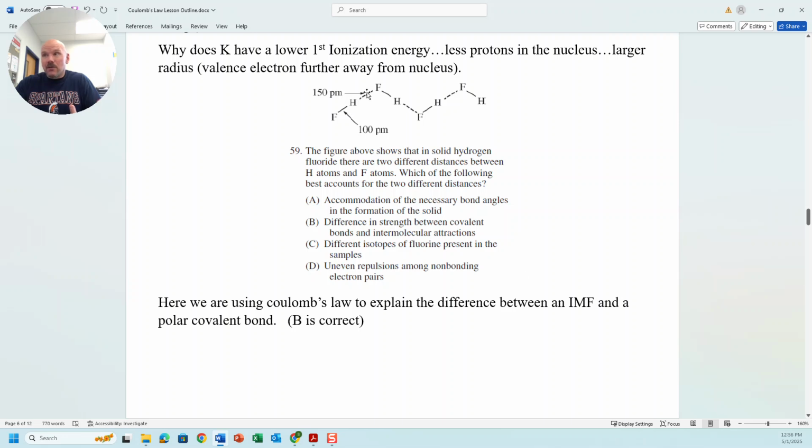These are atoms between different molecules, and the difference in strength comes down to the distance, because they would have the same magnitude of dipoles, right? But why would this interaction be stronger? Because they're closer to each other here than they are here. So the closer they are, the stronger the interaction. All right.